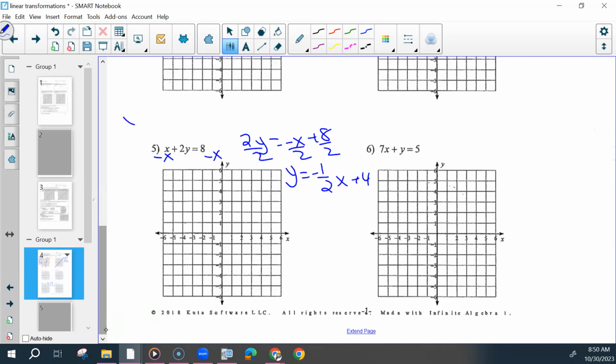Now, if we're comparing this to the original, we'll do the describing before we graph it. What changed? Y-intercept shifted up, back to where it was 0, now it's positive 4. What else changed?